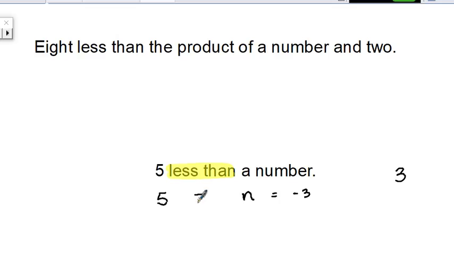So what does that tell us about how this expression was originally translated? It tells us it was translated incorrectly. And it's very commonly incorrectly translated when they see this. So here's the thing. When you see less than in a sentence, and you're asked to translate that sentence into an algebraic expression, you need to take what you normally would think it's translated to and flip them.